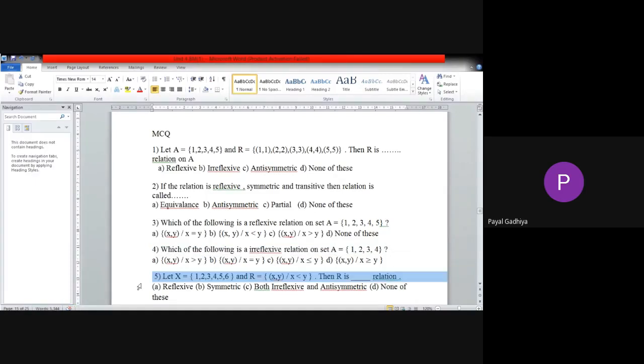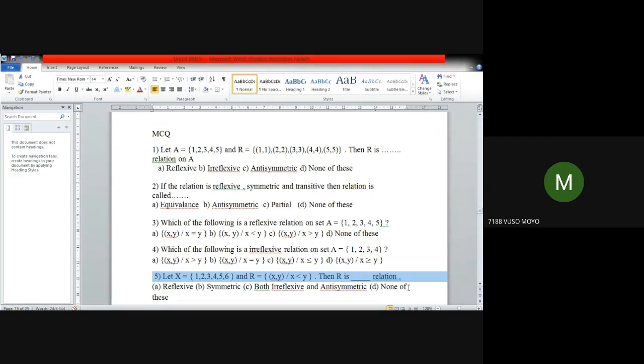Okay, now the next. X is 1, 2, 3, 4, 5, 6 and R is x less than y. Then R is a blank relation. Tell me the answer. It's both irreflexive and antisymmetric.